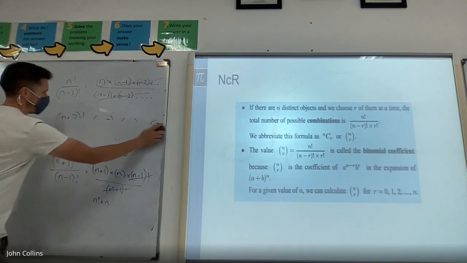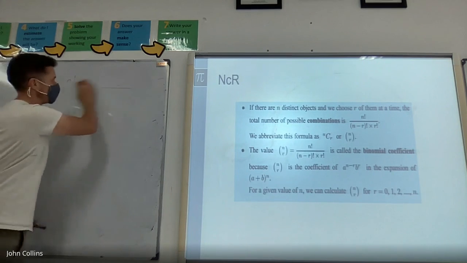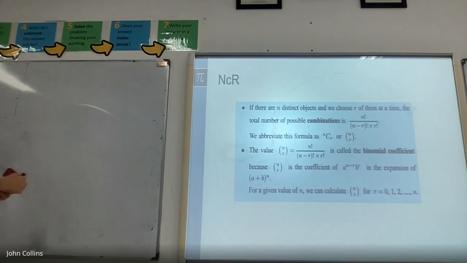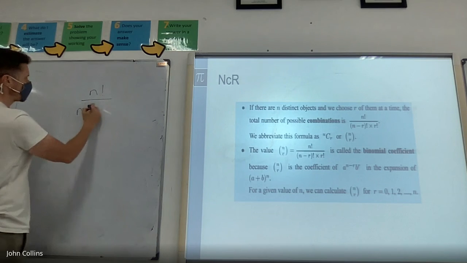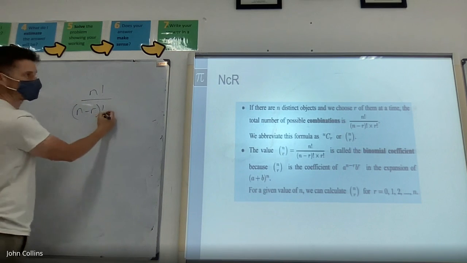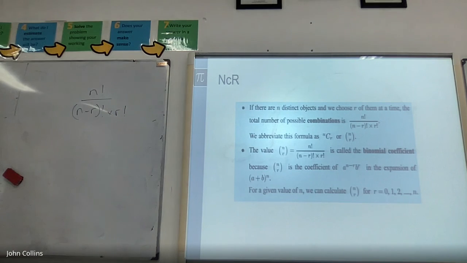So the formula, put it in your notes. It is given in your formula booklet, but we don't have one of those each yet. n factorial all over (n take away r) factorial multiplied by r factorial. That is the nCr, and that is the binomial coefficient.